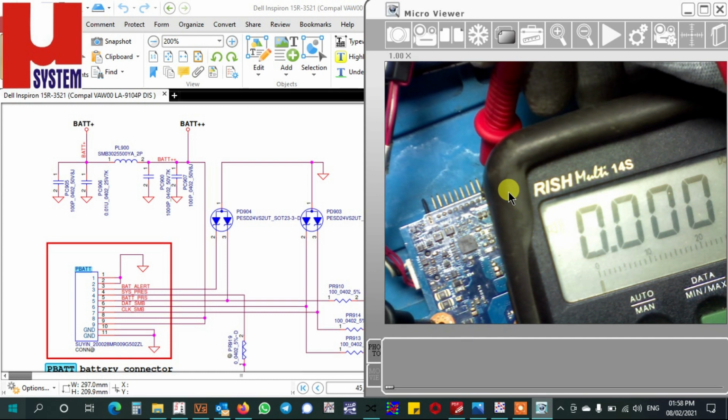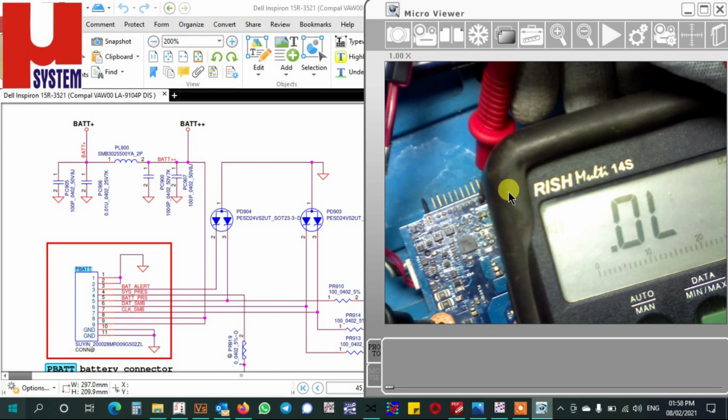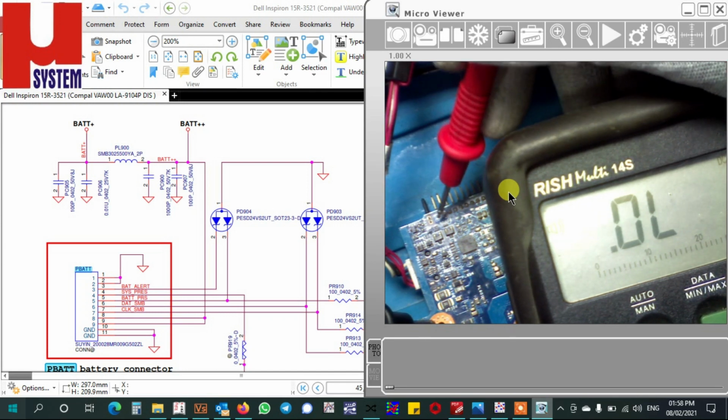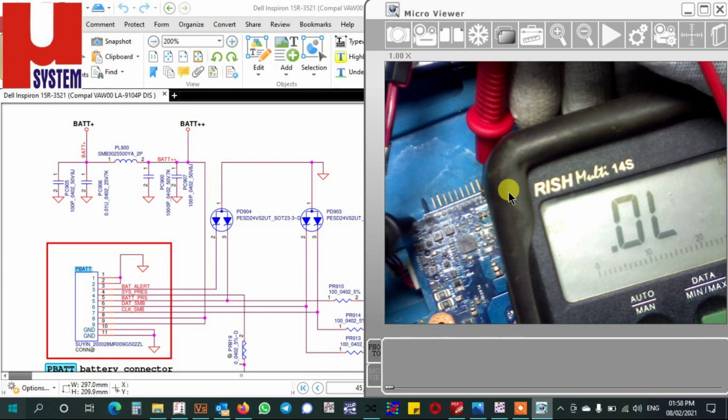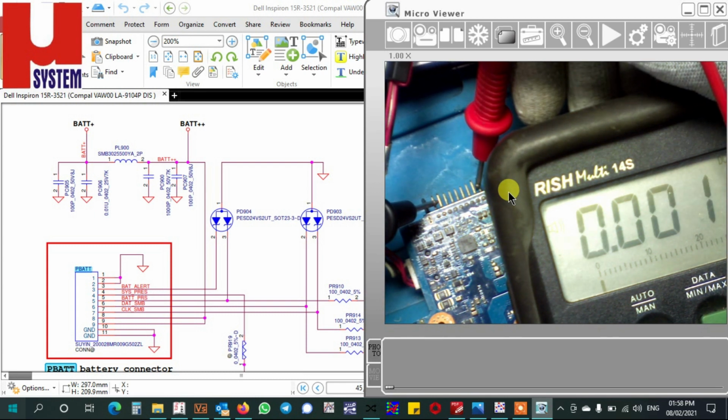The multimeter shows that this is the positive line and this is the negative. When we are checking between the negative and positive points, it's showing me a short.